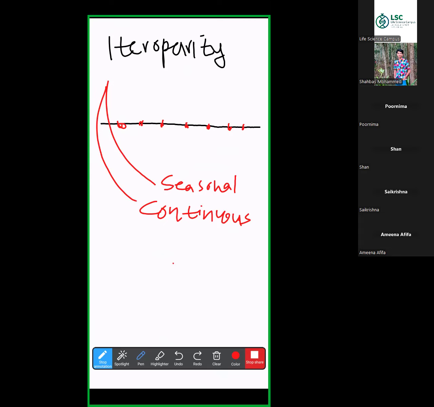And coming to continuous iteroparity, they reproduce repeatedly throughout their life cycle. There are no seasons. They reproduce repeatedly. Examples of continuous iteroparity include chimpanzees and mammals. Is it okay?